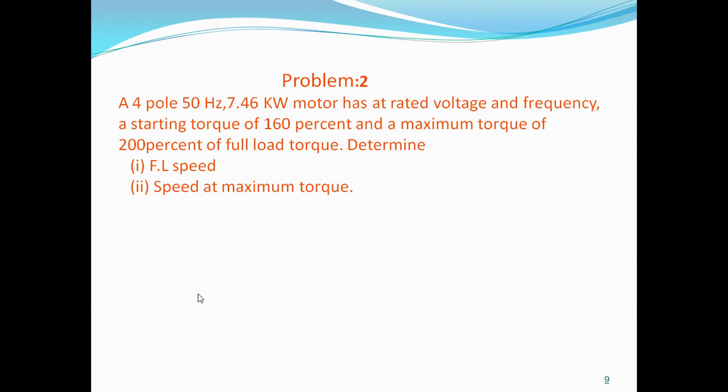So the next problem is a 4-pole, 50 Hz, 7.46 kilowatts motor that has, at rated voltage and frequency, a starting torque of 120 percent and a maximum torque of 20% of full load torque.